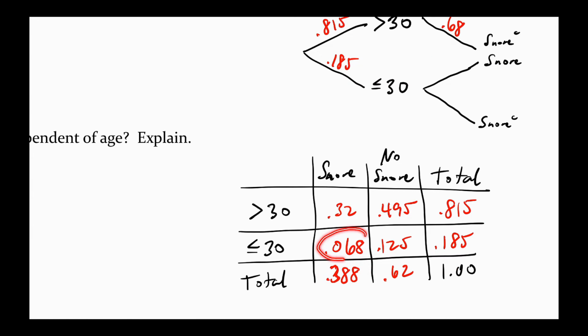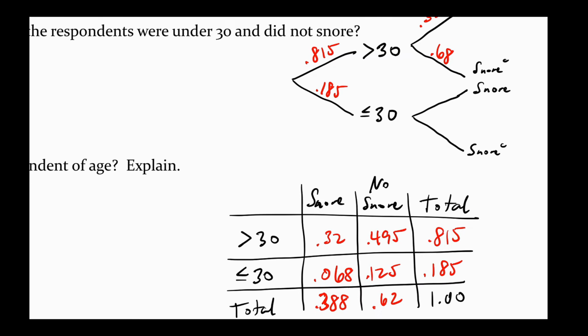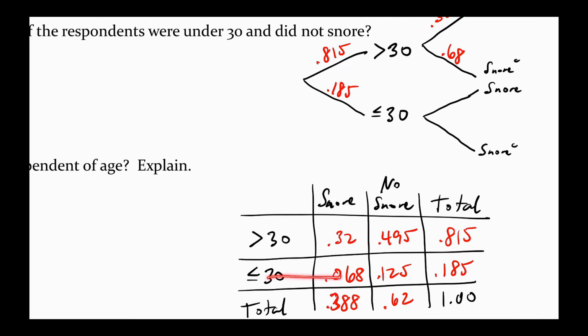So this number right here goes there? So this is snoring, and that's the answer. So this one right here is the answer to this path here. So the answer here is going to be 0.068. That'll be the answer here. But to get this guy here, I have to do what?